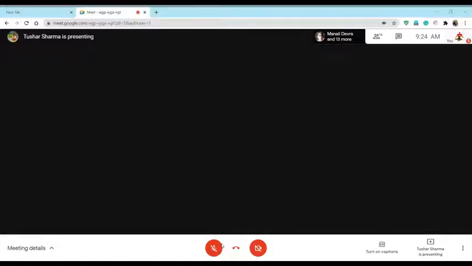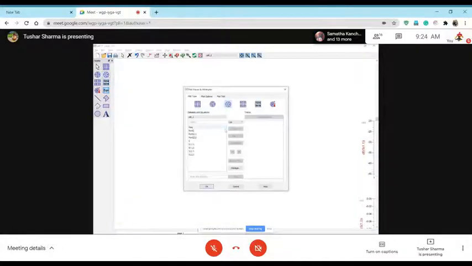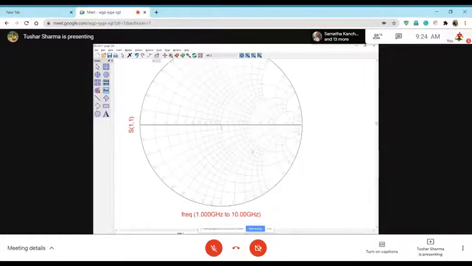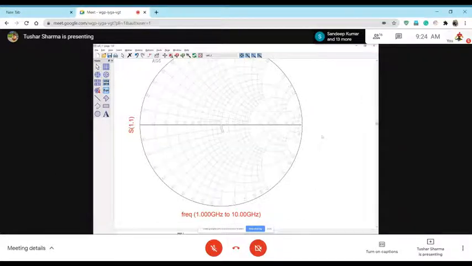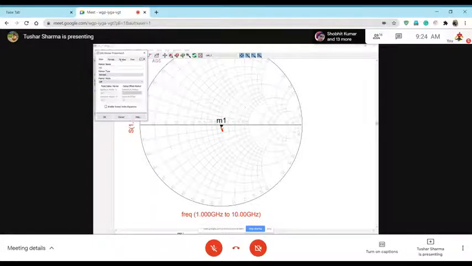So to check that impedance here, I can plot S11, what is my real part, and what is my imaginary part. Either I can do this, or the best case possible is I just plot it on the Smith chart, whatever my impedance is. Let me increase the thickness, and let me put a marker here to show you guys what is happening.